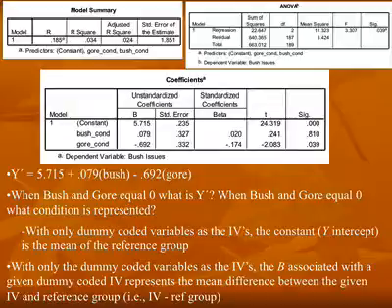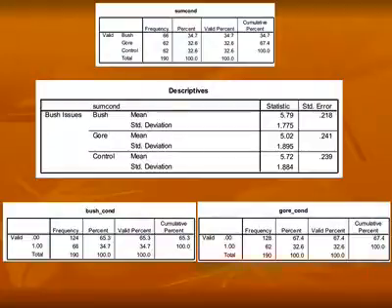And when Bush and Gore are equal to 0, what is the predicted y? 5.71. And when Bush and Gore are equal to 0, what condition is represented? The control condition. Right, when both of those are equal to 0, that's the control condition. And this 5.715 should be the mean that we have here for the control condition, 5.72.